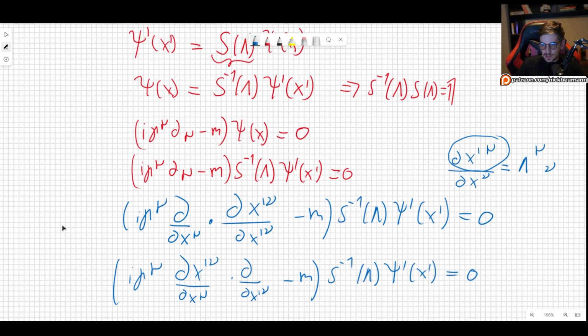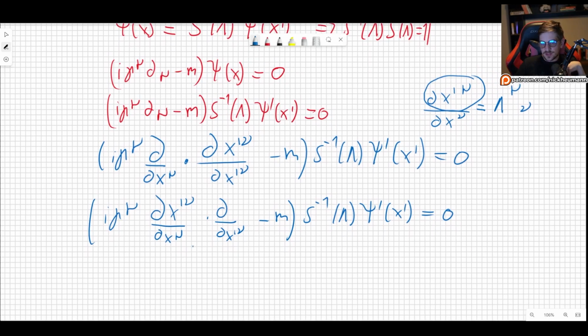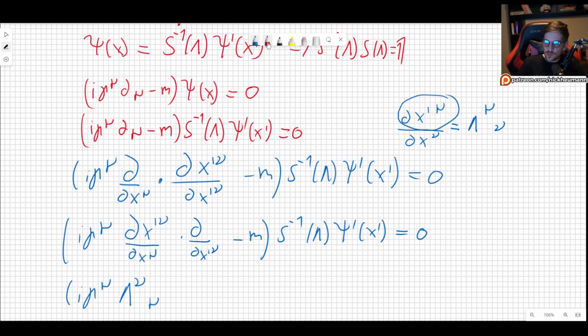Now, look at what we have here. So i gamma^mu, and this thing right here is precisely lambda^nu_mu. Notice that the indices are reversed, because when we first wrote it down we had mu nu, but now we have nu mu. We simply swapped the indices, but it doesn't matter.